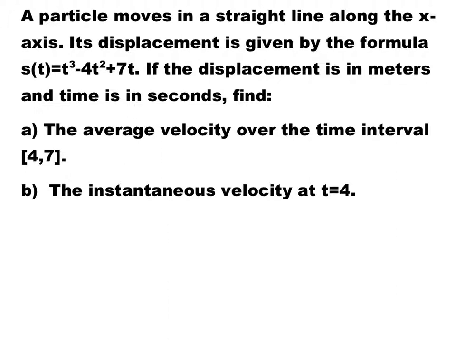The displacement is given by the formula s of t is equal to t cubed minus 4t squared plus 7t. If the displacement is in meters and time in seconds, we are supposed to find the average velocity over the time interval 4 and 7, and also the instantaneous velocity at 4.